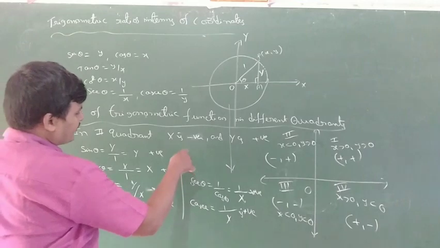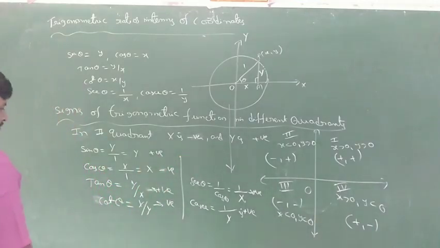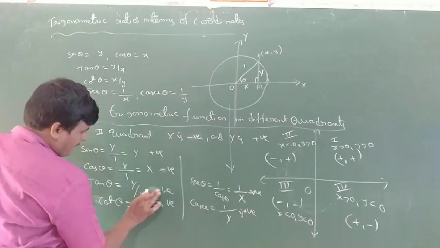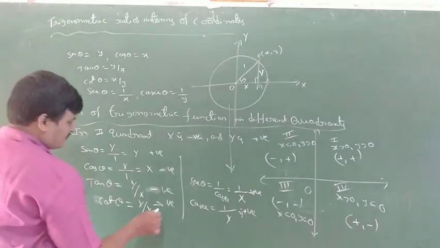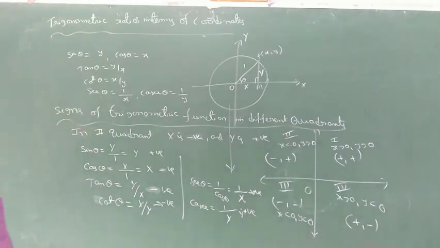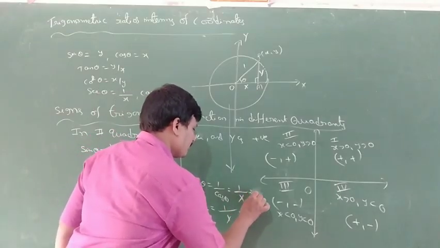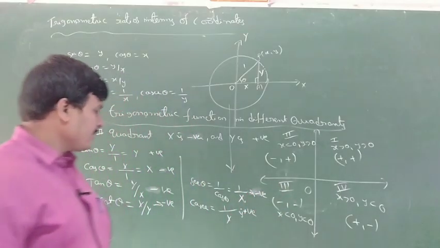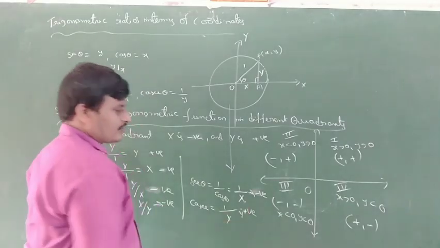Is x positive or negative? X is negative. So cos is negative. Tan is negative, so cot is also negative. Cos negative means secant negative. Sine positive means cosecant positive.